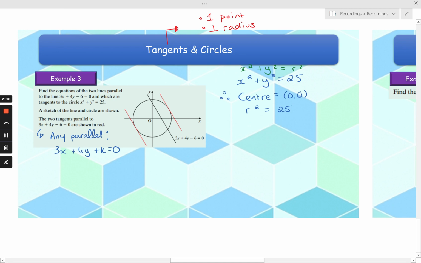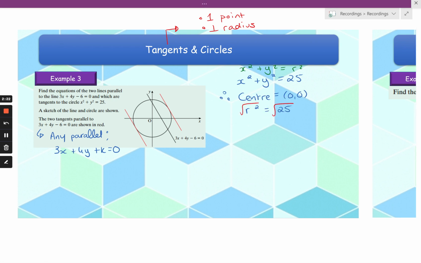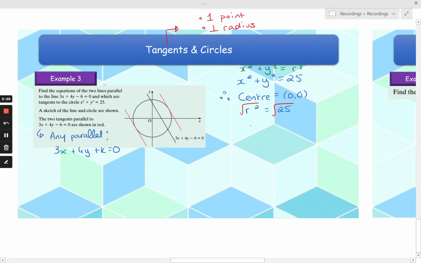So we square root both sides to find our radius, and I can see that r, the radius of the circle, is equal to 5 units. Adding that into the diagram, we can see the center (0, 0) and the radius, which is 5 units, would be the length of the perpendicular line to both of our parallel lines.